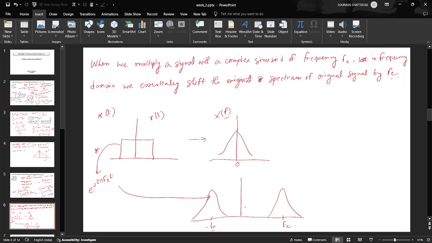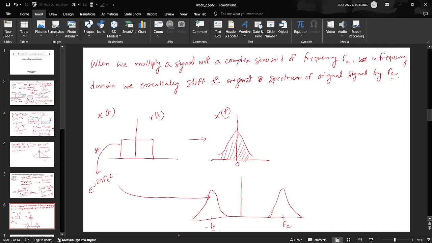And what is the significance of this? Earlier your power, let's say, is concentrated around the 0 frequency, maybe the entire signal power lies in this frequency range, but the moment you multiply with a complex sinusoid, no power actually remains here.